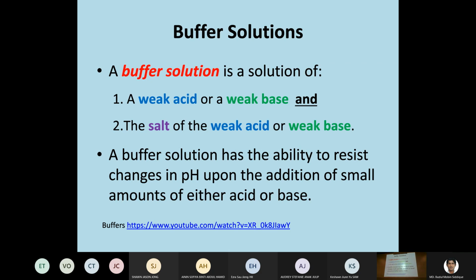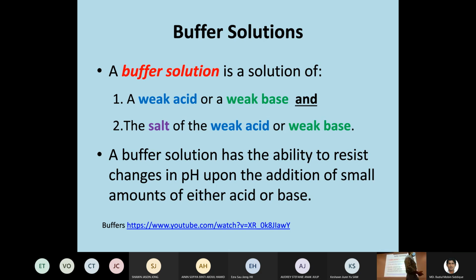It is given a weak acid and a weak base. Both acid and base can produce a buffer, but it must be a weak acid or weak base, right?